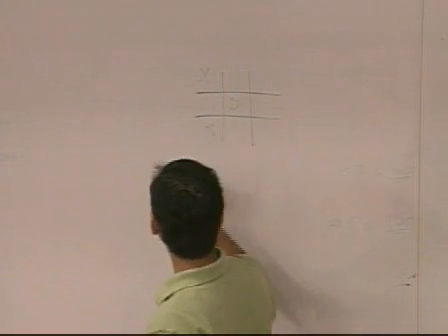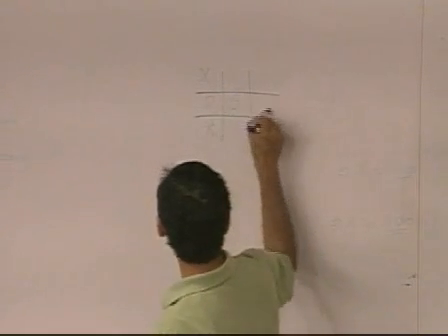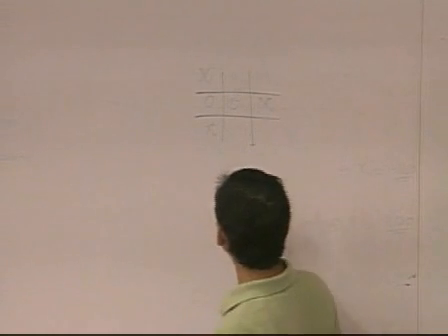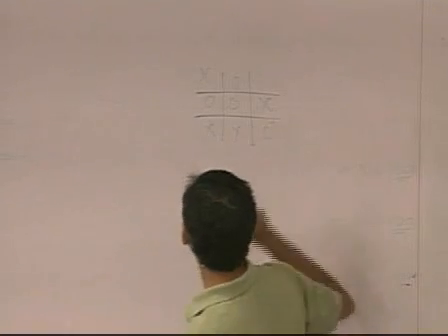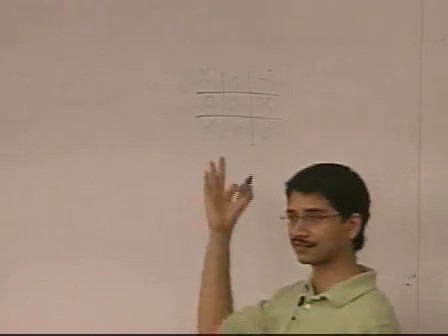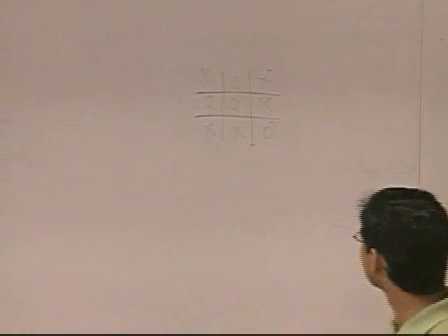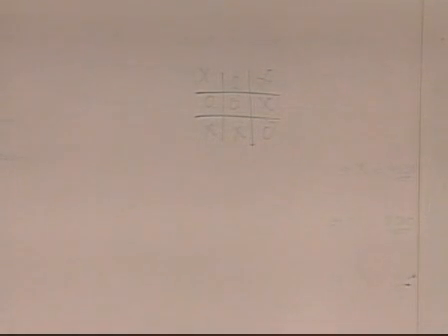Then you do this, and this person does this, and you do this. That's one sequence of moves that ends up in a draw. Is there anyone who doesn't know this game? Okay.